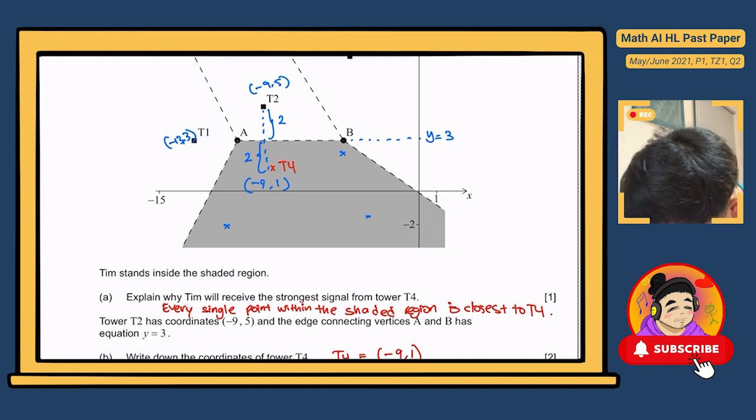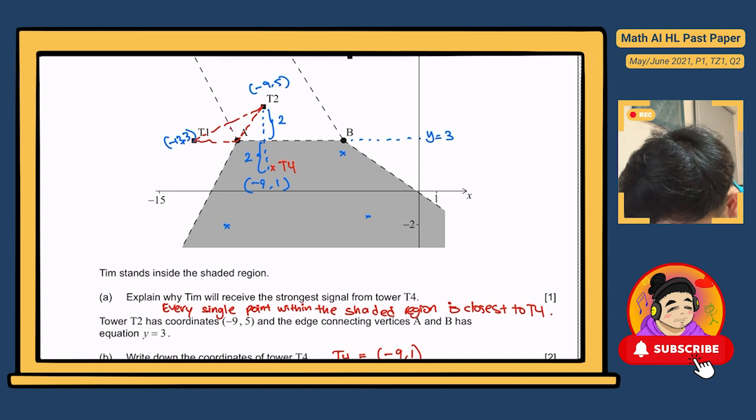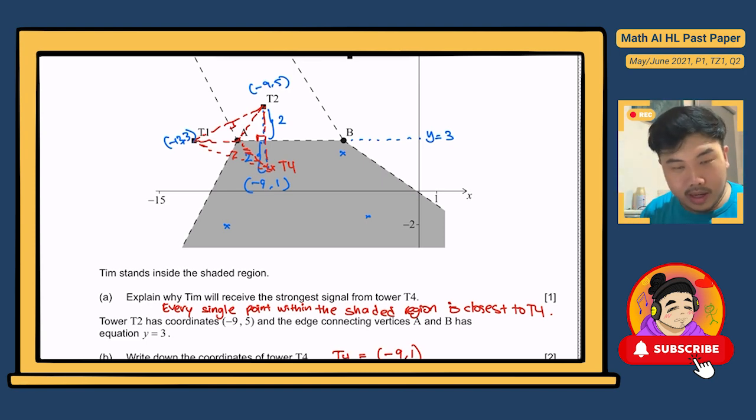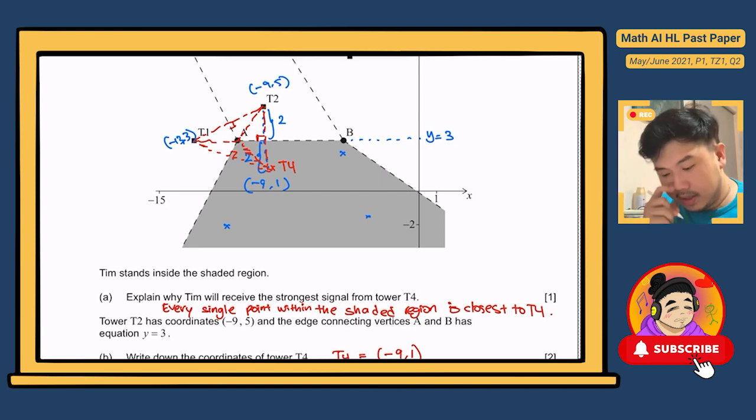So for example, A to T2, I'm going to make a triangle here, right? Between T1, A and T2, that is an isosceles triangle. Similarly, if I take the point from T4, that is also an isosceles triangle. And between A, T2, and T4, that is also an isosceles triangle.